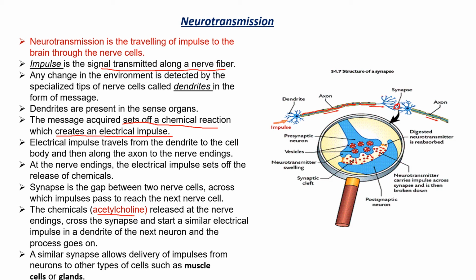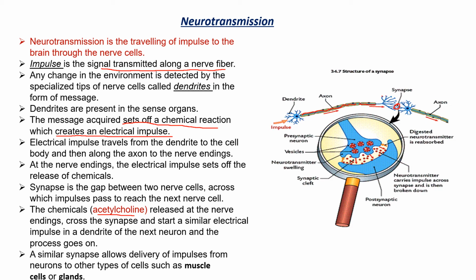Over here the impulses will change into a chemical. The chemical released is acetylcholine, released at the nerve ending. It then crosses the synapse and starts a similar electrical impulse in the other nerve cell.